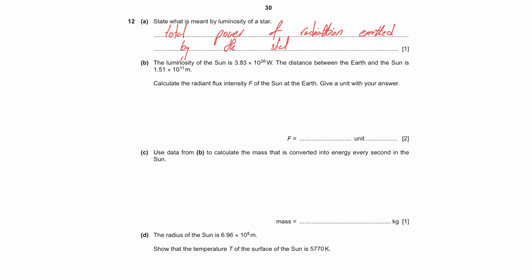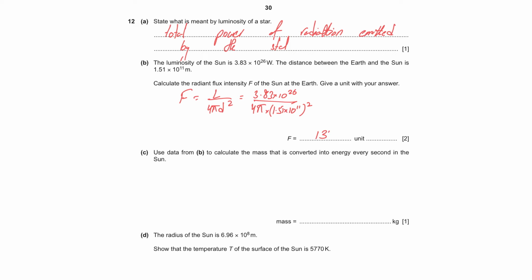So to find out the radiant flux intensity F, we'll use the formula F is equal to L over 4 pi d squared, where L is the luminosity, which is equal to 3.83 into 10 to the power 26. 4 pi d, d is the distance, 1.51 into 10 raised to the power 11 squared.